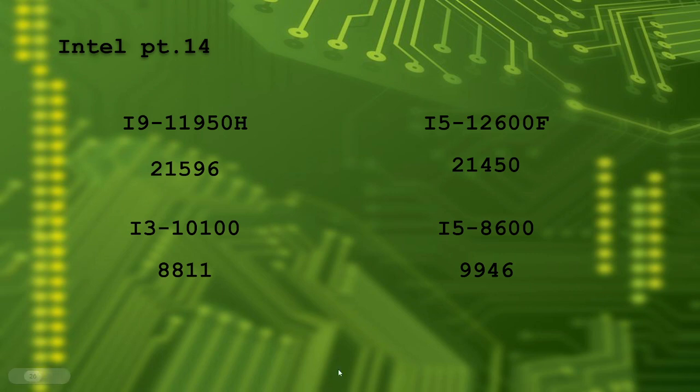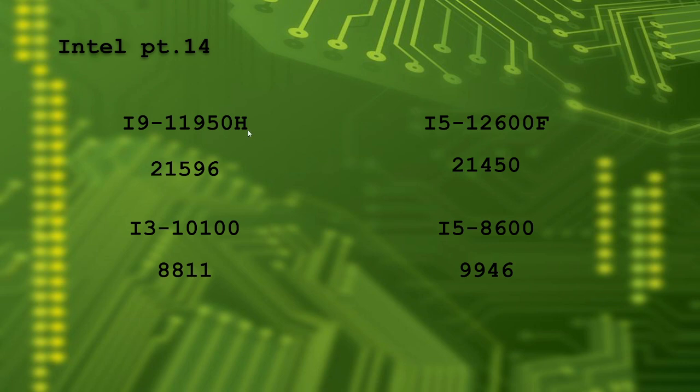Now, the only thing notable here that I will say is this H indicates a laptop CPU. So even though this i9, which is one generation behind it, is power limited.